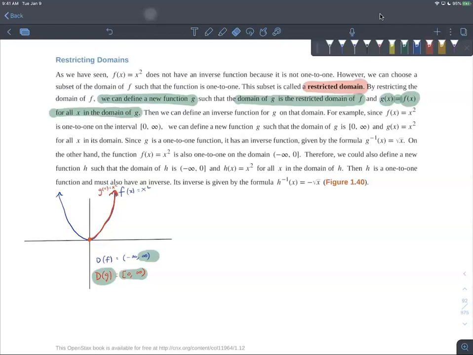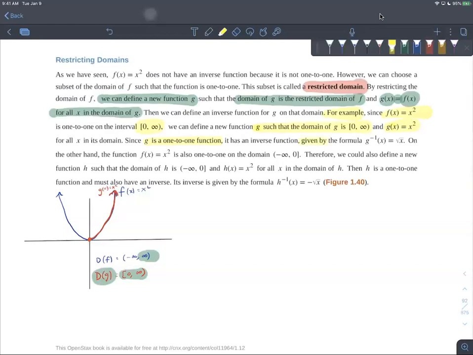For example, since f of x equals x squared is 1-to-1 on a restricted interval from 0 to infinity, we define the function g on that domain. We define its domain to be 0 to infinity. And so g of x is equal to x squared in that domain from 0 to infinity. And then g is a 1-to-1 function, so it has an inverse function.